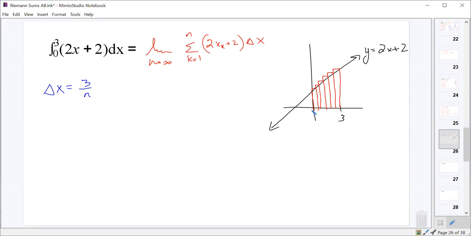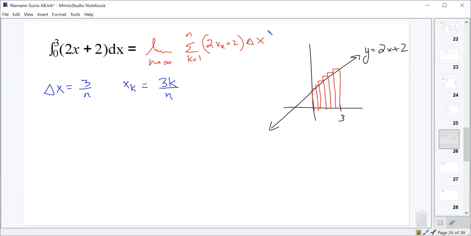I'm not necessarily going to write them all out this time. X sub 1 should be the distance from the origin to the first rectangle's height. That's where we go up from to find the first height of the rectangle. So what's x sub 1? 3 over n. And x sub 2? 6 over n. Right, 3 over n times 2, right, or 6 over n. X sub 3 will be 3 over n times 3. So what will x sub k be? 3k over n, or 3 over n times k.